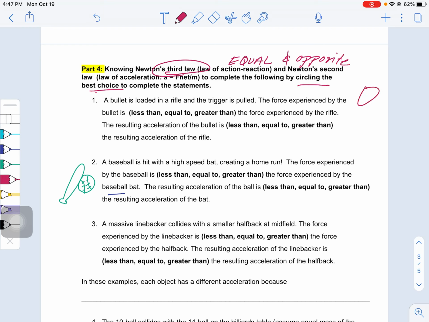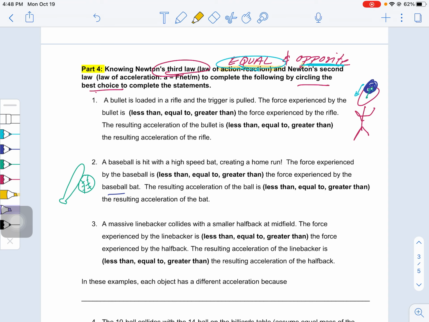Like for our guy with the soccer ball in the beginning, he was heading the soccer ball. In one instant, there was a force from his head to the soccer ball, and another, a force from the soccer ball to the head. They're equal in size and opposite in direction every single time. So as we read through these scenarios, we want to keep that in mind.